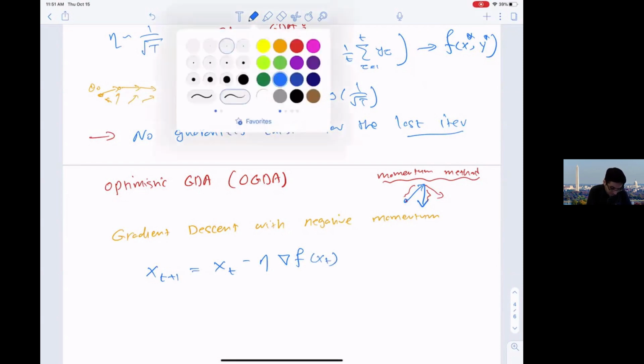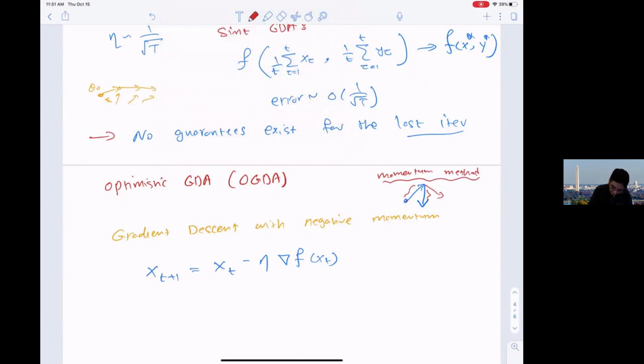But you are going to use a little bit of your past gradient to correct your current gradient. So you're going to undo some of your gradient at this point using your gradient in the previous step. You are not using the entire eta. You're using half of eta from your past gradient to cancel out your current gradient.